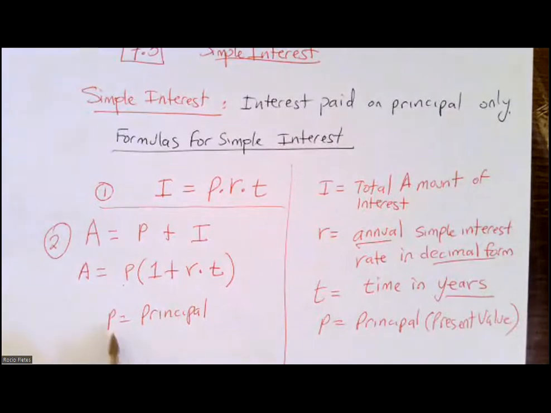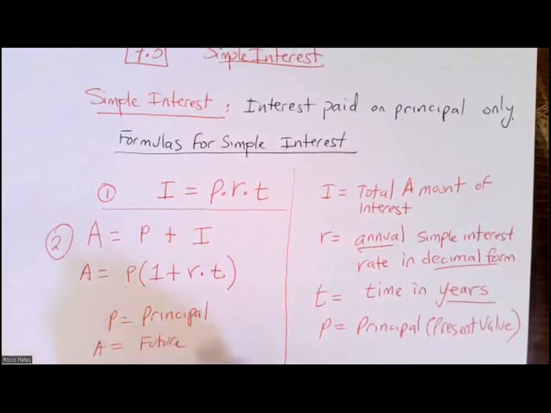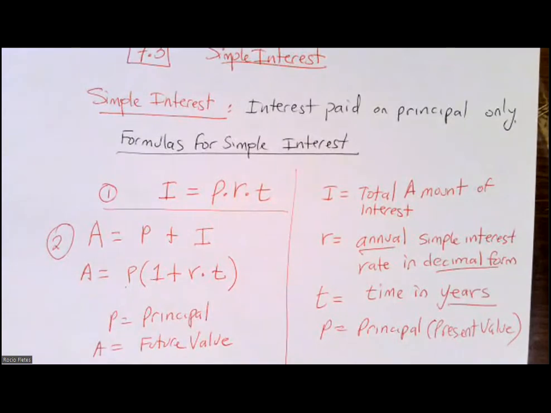Okay. So the principal here, and everything else is the same. A is a future value or future amount. Okay, so those are the two formulas that we will be using in this section.